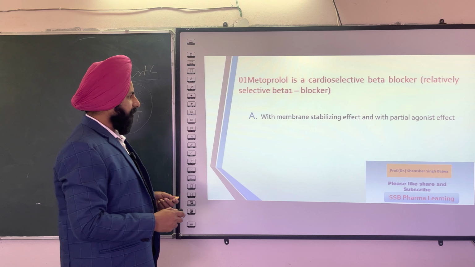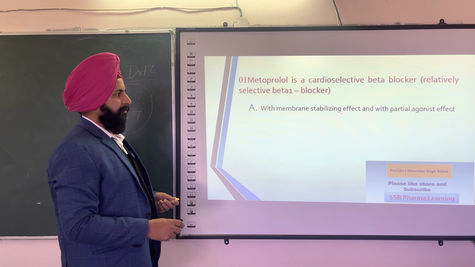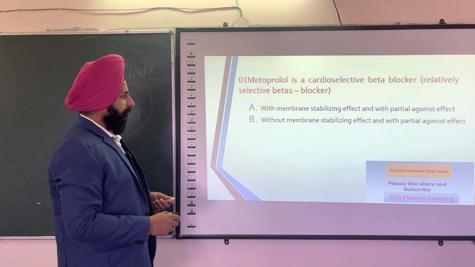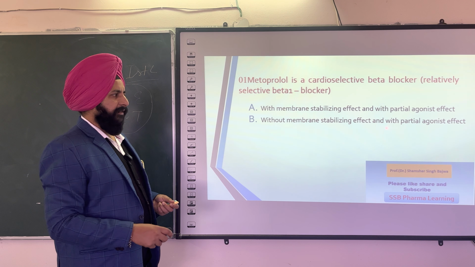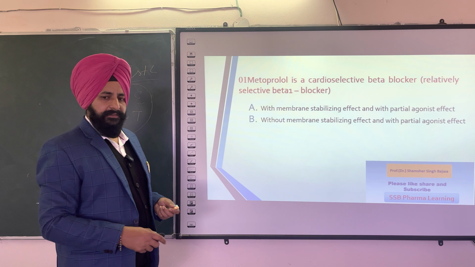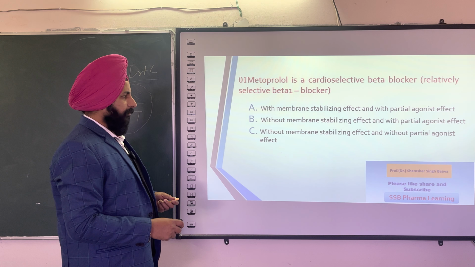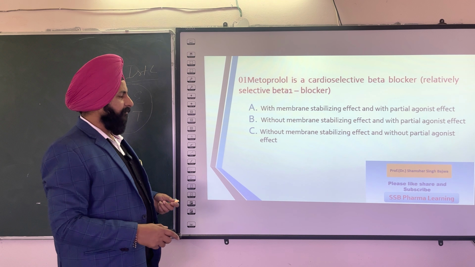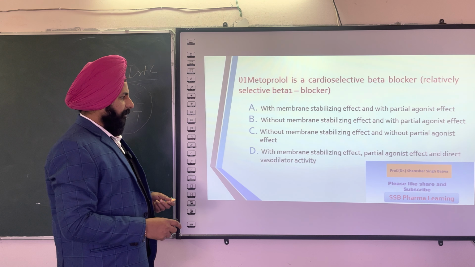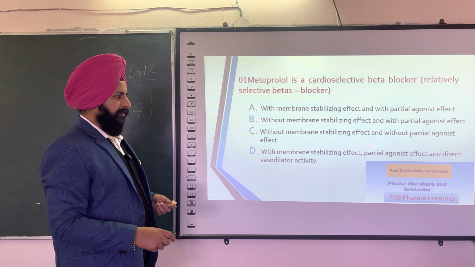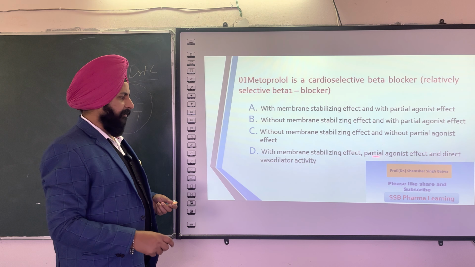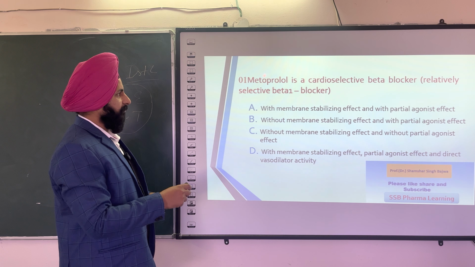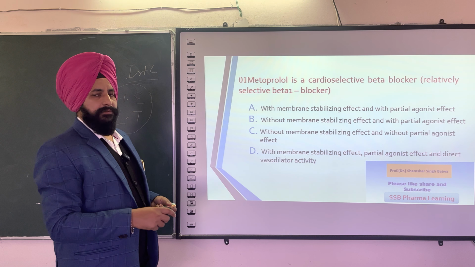The options are: with membrane stabilizing effect and with partial agonist effect; second, without membrane stabilizing effect and with partial agonist effect; third, without membrane stabilizing effect and without partial agonist effect; and fourth, with membrane stabilizing effect, partial agonistic effect and direct vasodilator activity. You can choose the right option for this metoprolol, which is cardioselective.